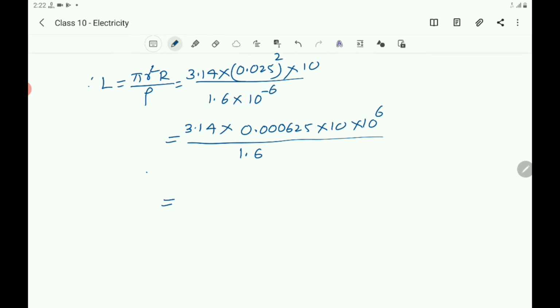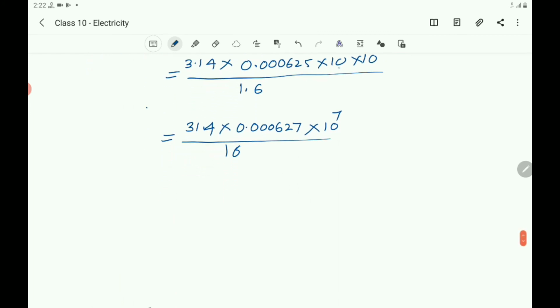Then here one decimal point is removed, and you take this decimal point, so 3.14 becomes 31.4 into 0.000625 into 10 to the power of 6, which becomes 10 to the power of 7 by 16. Here 1 is equalized.